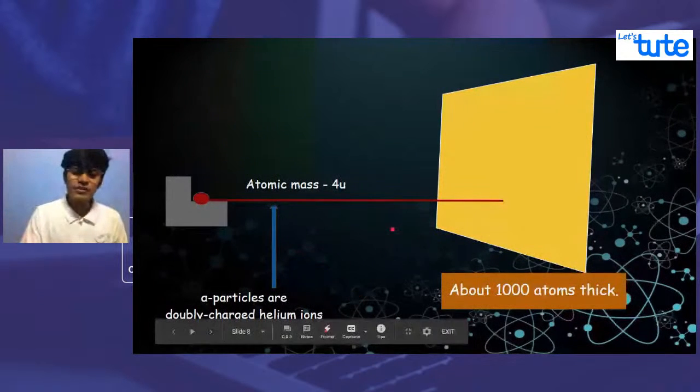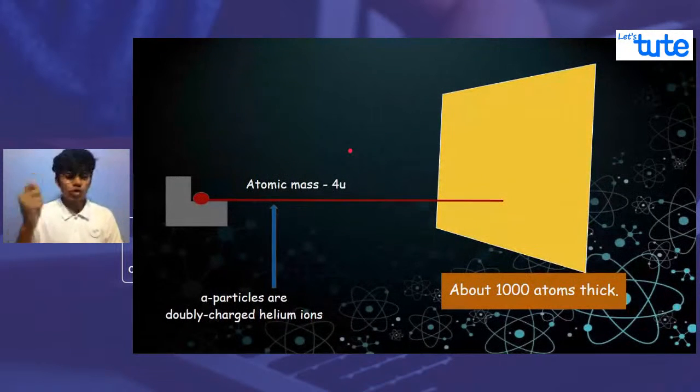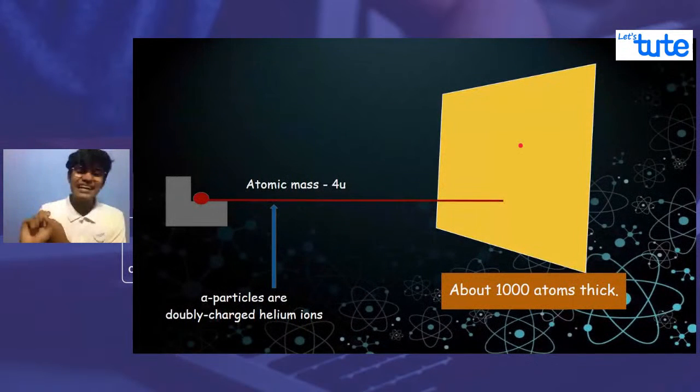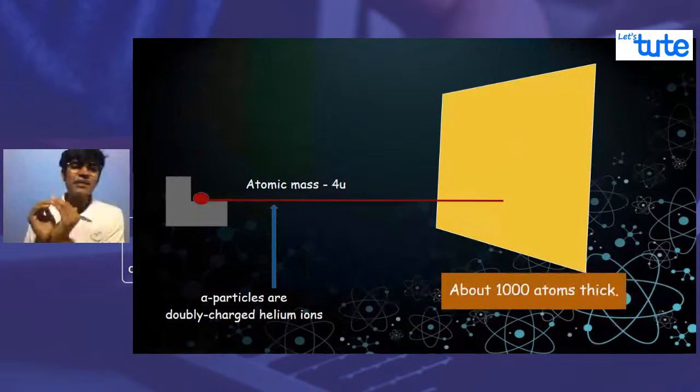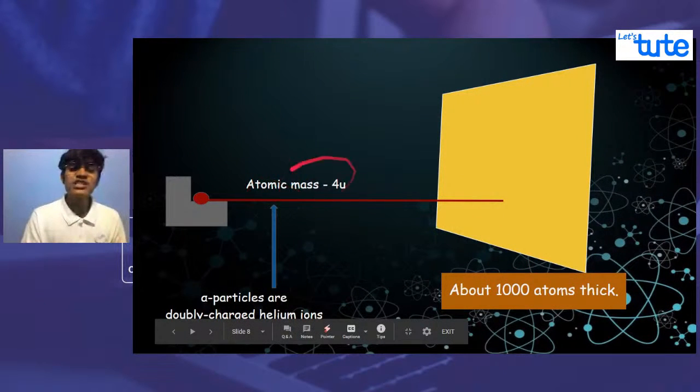But before that, a question is here. This was about 4u, that is 4 unified mass, and the electrons or the protons inside the atom are actually very much lighter than these doubly charged alpha particles.